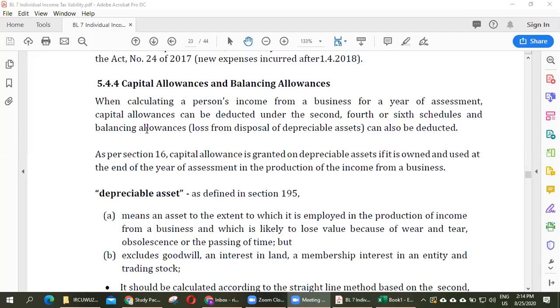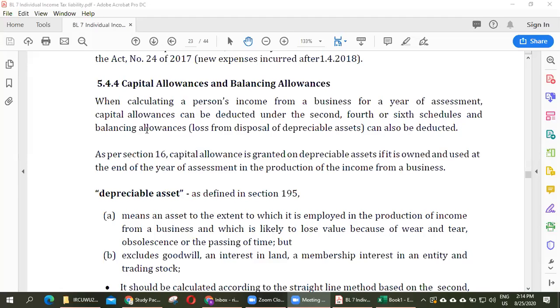That is for accounting purposes. The same procedure: when we calculate profit on sale of asset, we use depreciation.